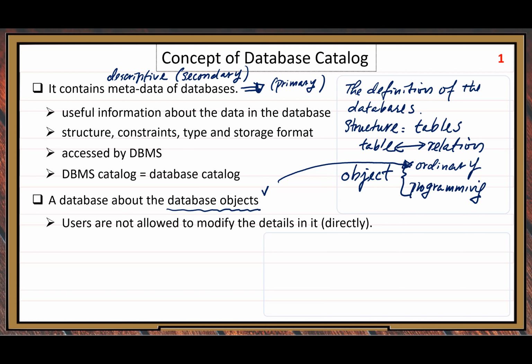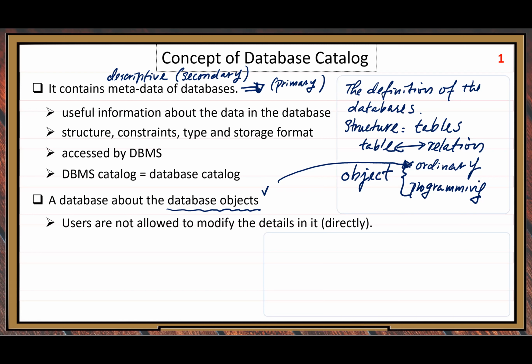Here, it's not a programming object, right? Here, the meaning is not programming object. So we need to tell which meaning we are using based on the context. Here, based on the context, ordinary object. Yeah.